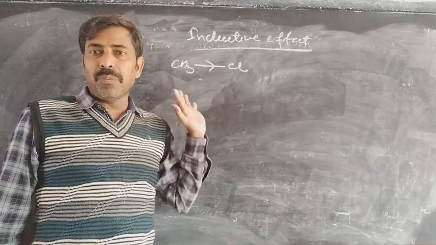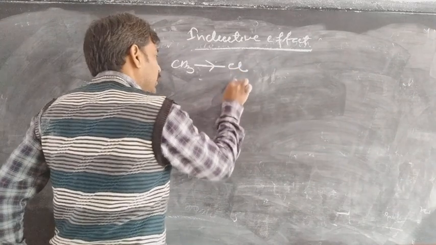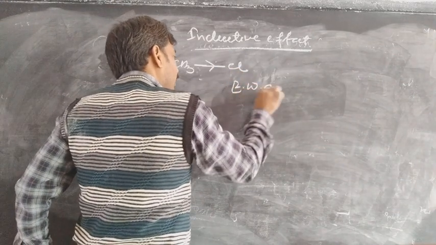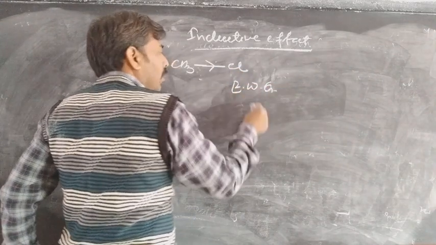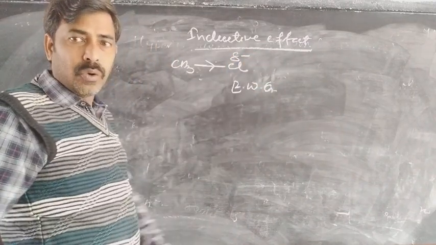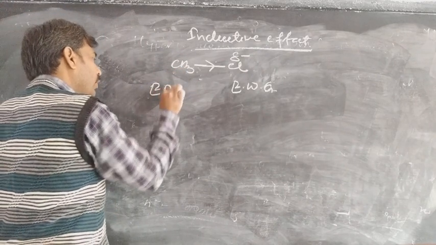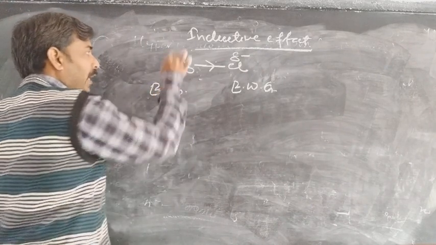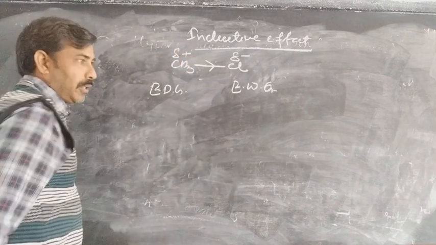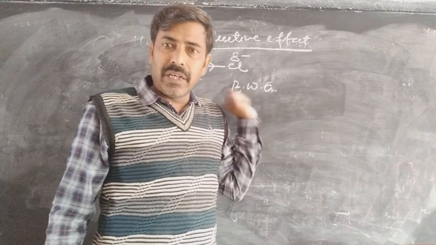So the dipole moment takes place, and as a result, this chlorine works as an electron withdrawing group and the partial negative charge appears on the chlorine, and this carbon works as an electron donating group and gets a positive charge over it. Such movement of the electron is called the inductive effect.